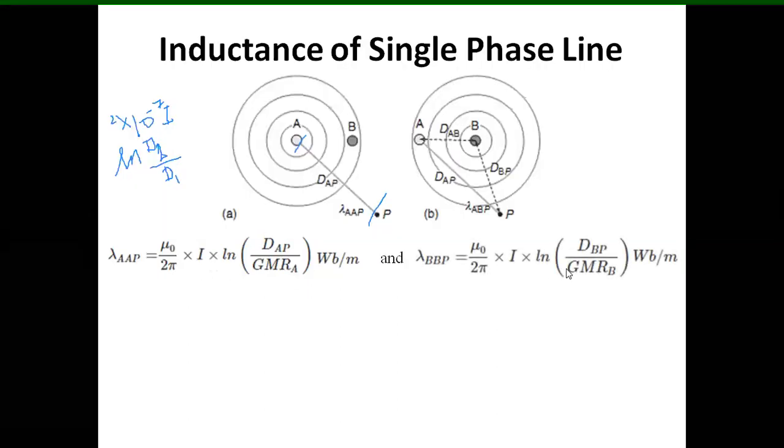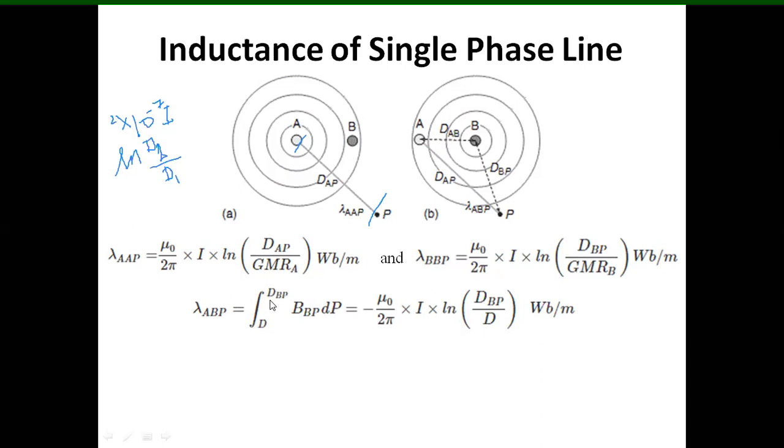Similarly for the B conductor, the flux linkage is mu naught by 2 pi into I ln DBP divided by the radius of the B conductor, that is GMR B. Now, the flux linkages due to mutual current, or the current in the other conductor: lambda ABP. Here you have to calculate the flux linkages A to P because of current IB.